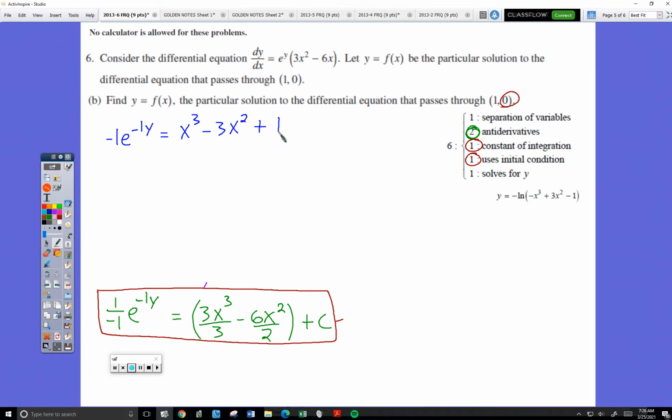So multiply both sides by a negative 1. Negative 1 must distribute. Now we take advantage of using the ln rule, so we take the natural log of both sides.